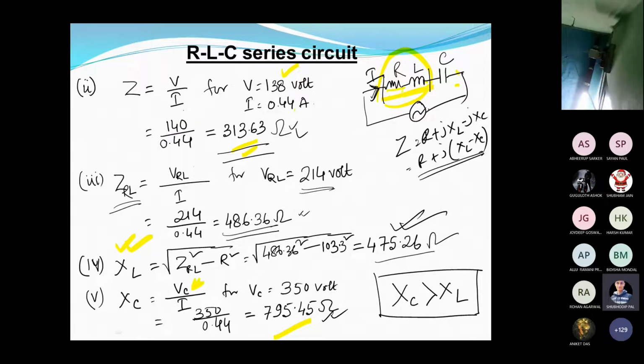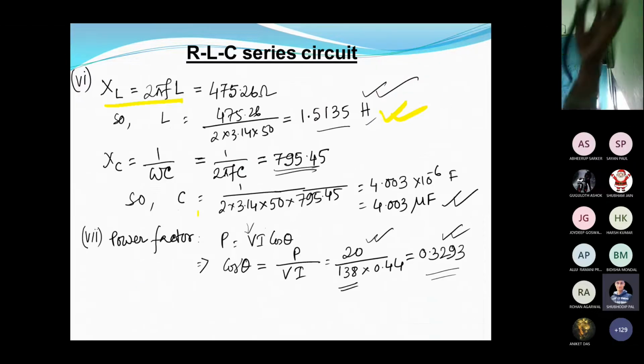We first calculate VRL by I, which is ZRL. From ZRL, R is known, so L can be found out from XL. Similarly, XC we calculate as VC by I. This VC and this VRL we are separately getting by using a multimeter or some meter. So L is known here, and C we can also calculate.